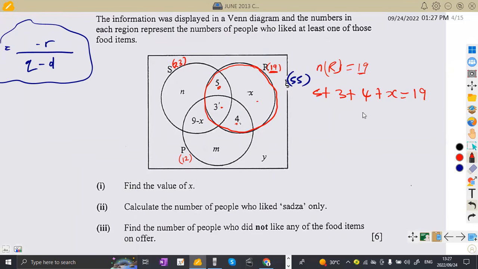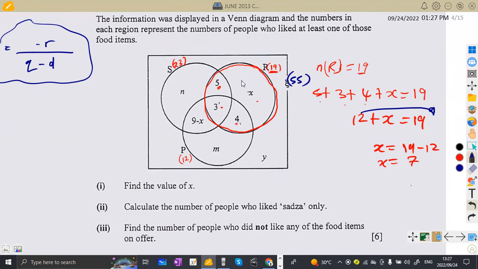I have formulated an equation, so I can solve for x. 5 plus 3 is 8, 8 plus 4 is 12, so 12 plus x equals 19. Transposing the 12, x is 19 minus 12, which gives 7.